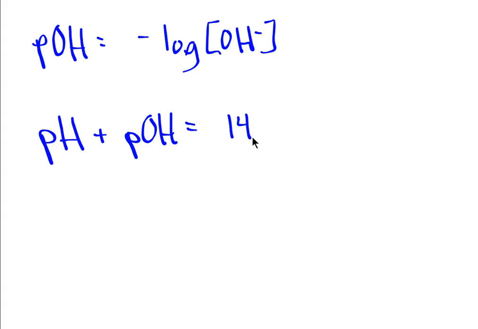So usually, if you're asked to solve for pOH, you were given the pH. So you just have to take the pH and subtract it from 14. You with me on that?